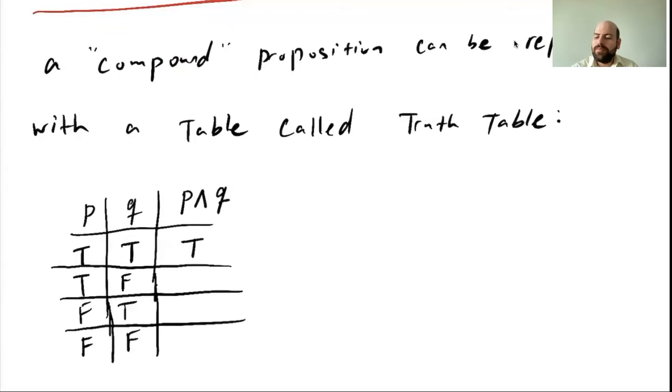Okay. For another example, let's say 2 plus 2 equals 4, and 2 times 3 equals 7. So is this overall compound proposition true or false? Well, let's look.